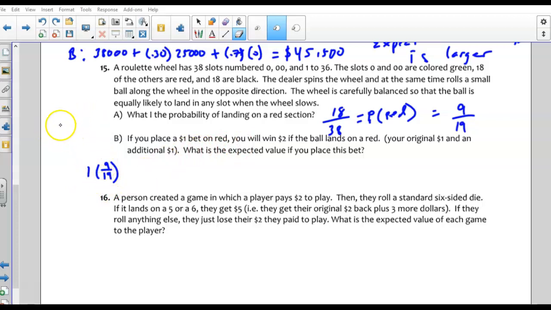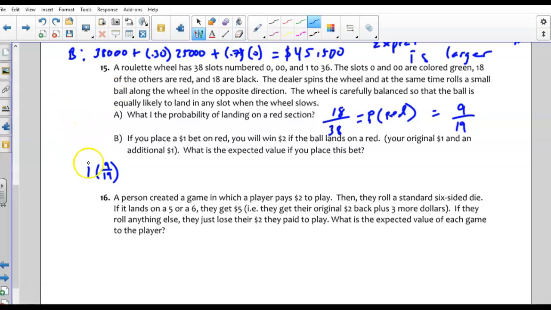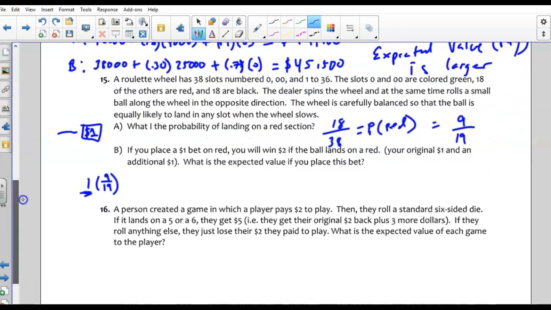To even get in the game, I had to pay $1. So the prize of $2 is really only worth $1 to me, because I paid $1 to get in and then win $2. That means I won my original $1 back plus an additional $1. So if you land on red, you win $1.